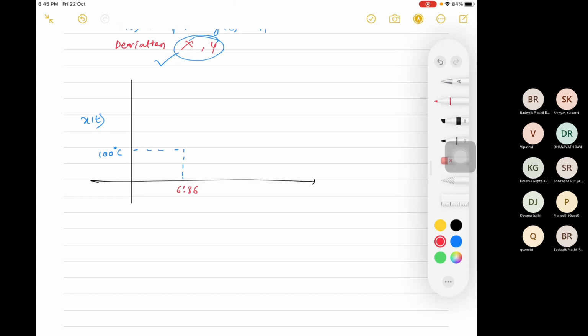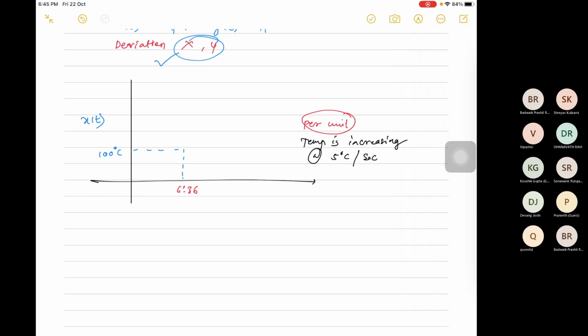Okay, but if I am saying per unit time, temperature is increasing at the rate of 5 degrees Celsius per second, or you can say per minute for simplicity.